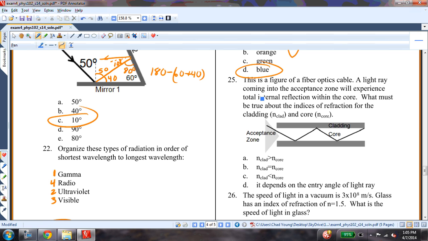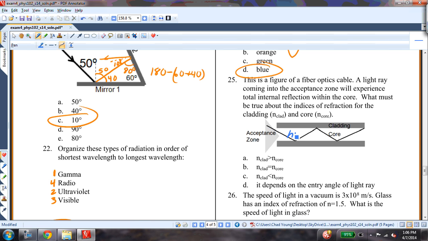All right, this is a fiber optic cable, a light ray coming into the acceptance zone. So light rays coming into this zone will actually enter the fiber optic cable and be totally internally reflected. But what must be true about the indices of refraction? We've already seen this a little bit, but you have to have a big index and a small index.